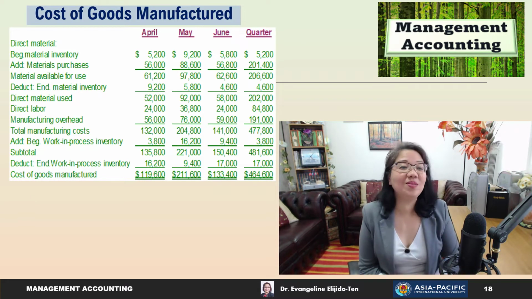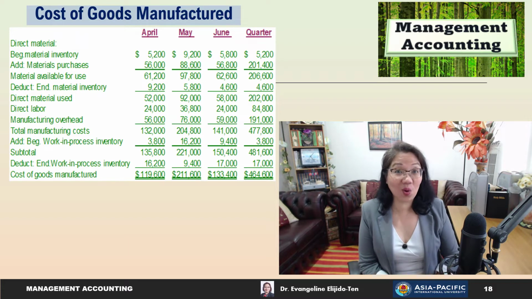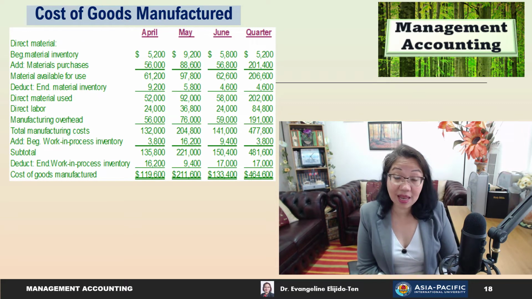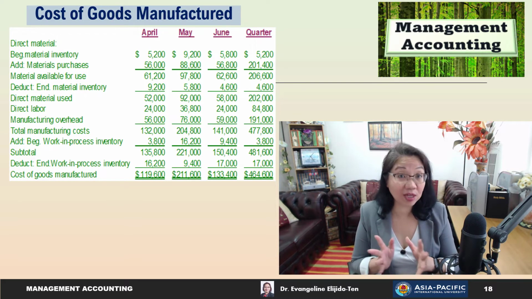The cost of goods manufactured schedule is prepared from the direct materials budget, the direct labor budget, and the overhead budget. Notice the ending work in process inventory amounts are estimates provided by management. The amounts for direct materials are in dollars, not in units. Remember, the only detailed budget that is in units is the production budget.